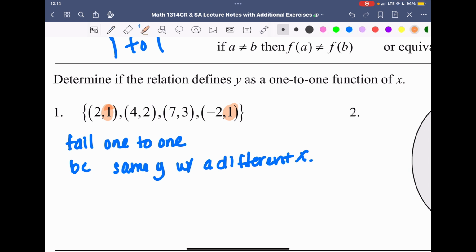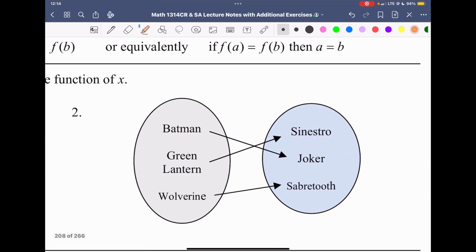So the objective here is that this is a fail. This is not one-to-one. Then number 2, you have domain and range. We are not switching domain and range yet for inverse functions. We're just trying to determine if it's one-to-one.